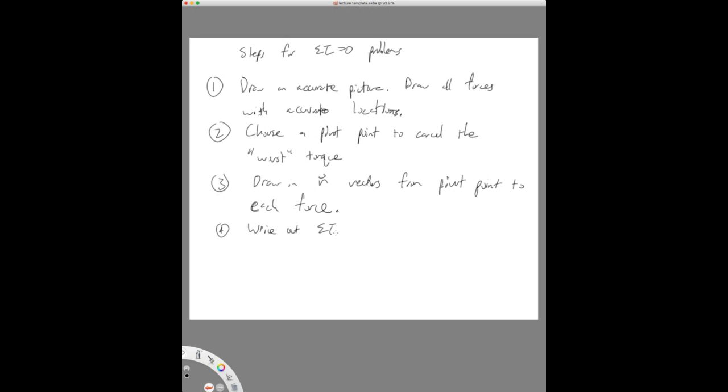net torque equals 0, with 1 torque per force. So each force gets a torque.